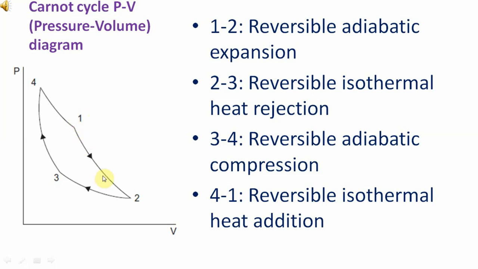From 1 to 2, it is reversible adiabatic expansion. 2 to 3, it is reversible isothermal heat rejection. 3 to 4, reversible adiabatic compression. 4 to 1, reversible isothermal heat addition.